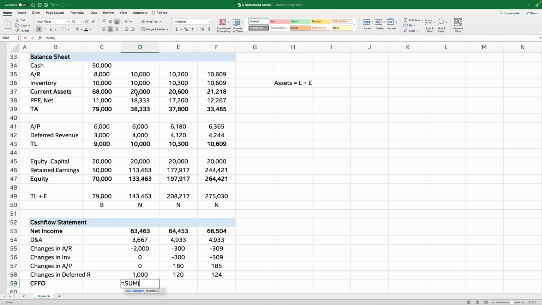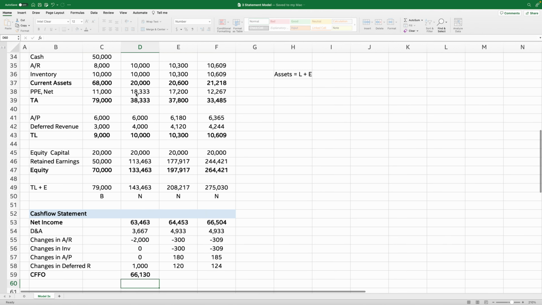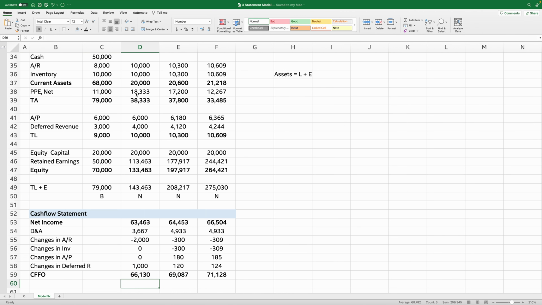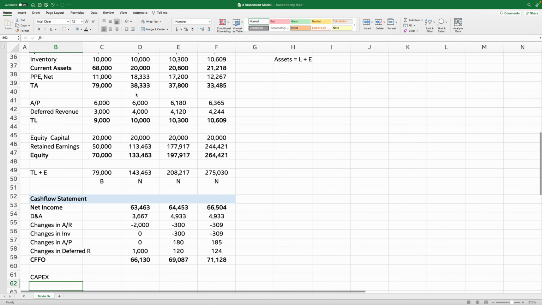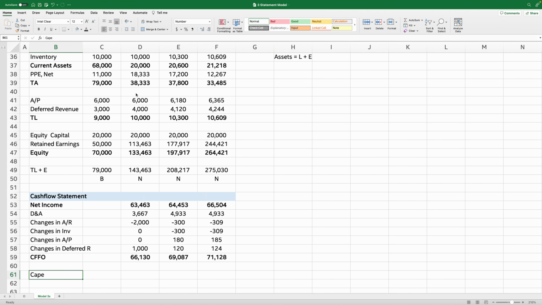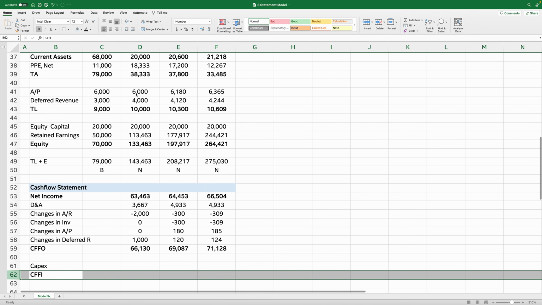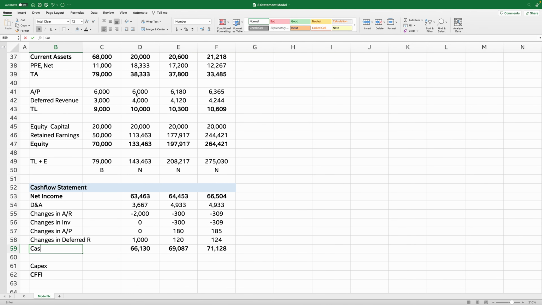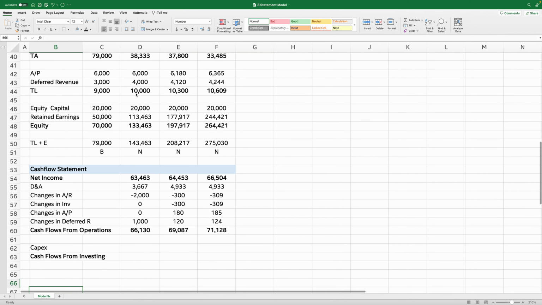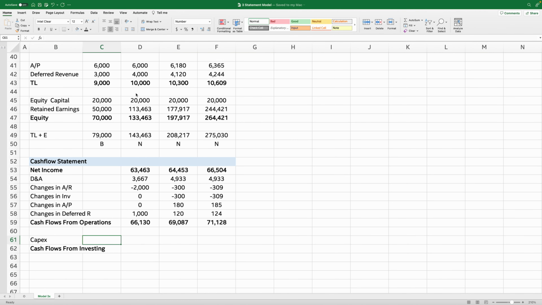And then we can sum these. That should be right. And then next we have CapEx. And then cash flow from investing. Maybe I should write these out. Cash flows from operations. Cash flows from investing activities. And then we'll get to the next step.